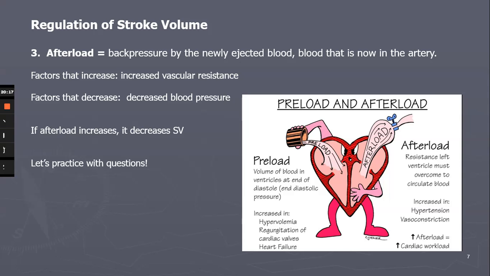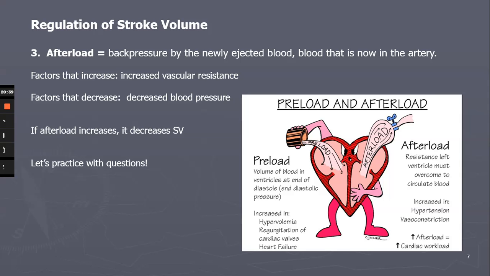So one factor that's going to increase afterload is vascular resistance. If you have high vascular resistance in the arteries, then that's going to increase the afterload. So here's the thing.